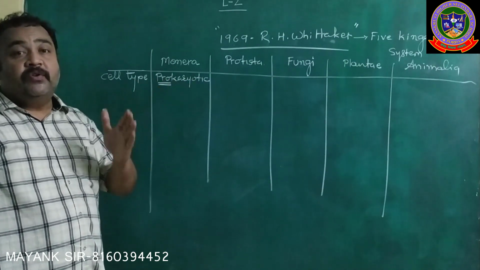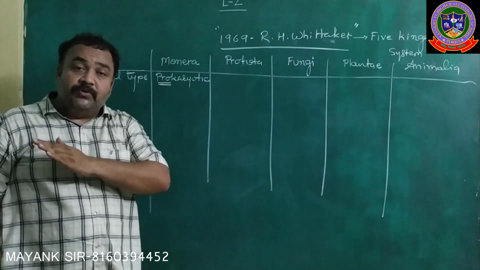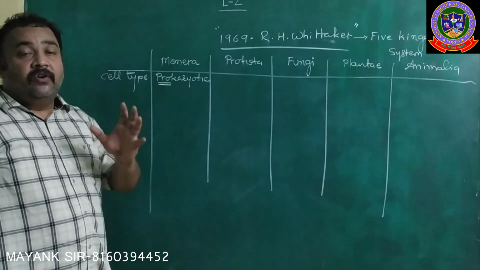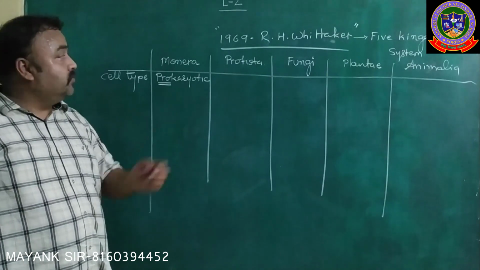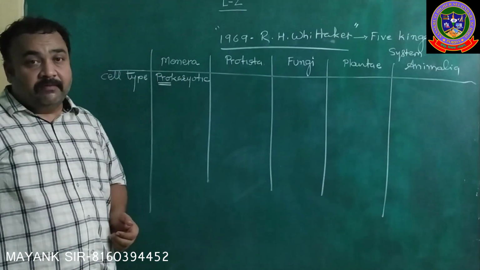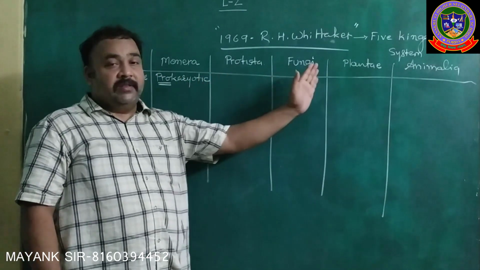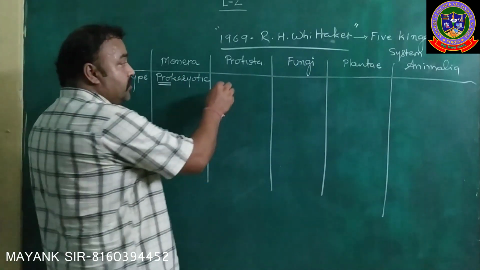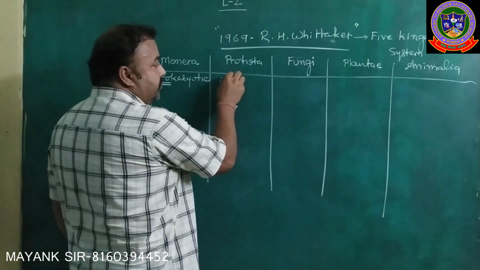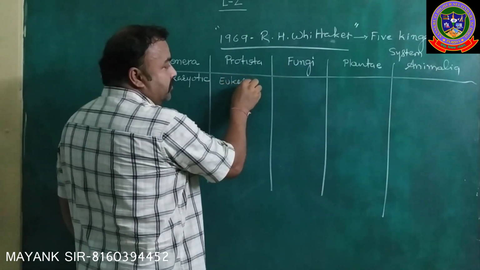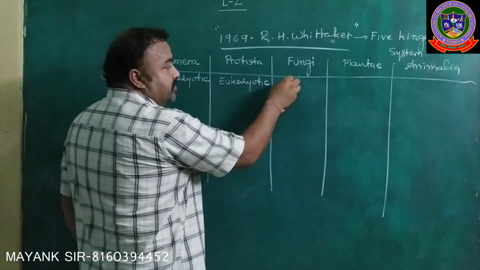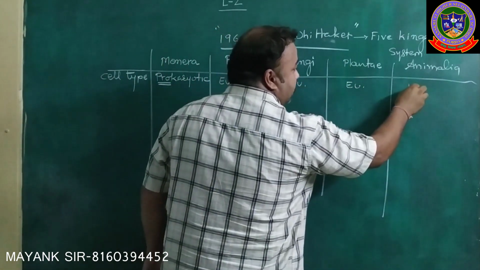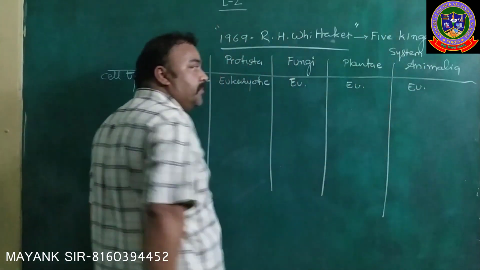A primitive kind of nucleus, that means nucleus without nuclear membrane, was present in the organisms of kingdom Monera. But the remaining ones were all eukaryotic in nature. So this is eukaryotic. This is also eukaryotic, eukaryotic, and eukaryotic.